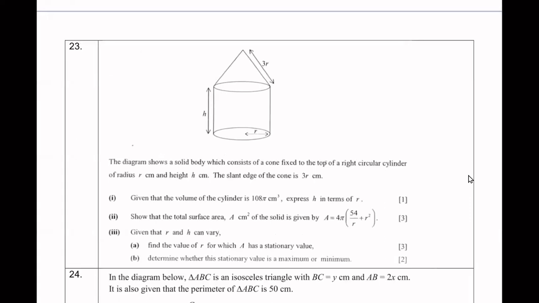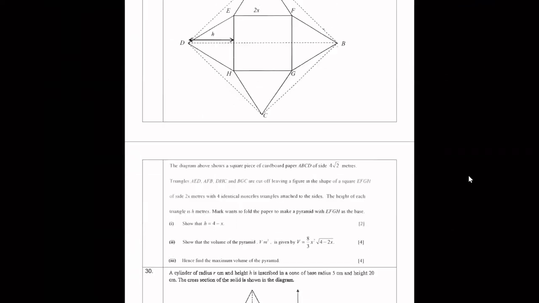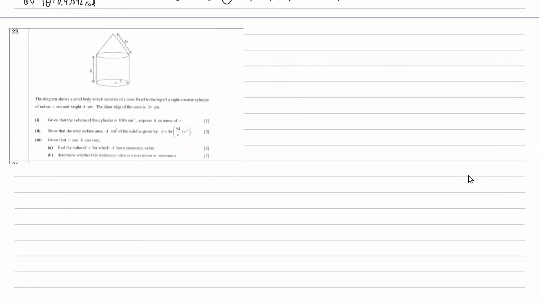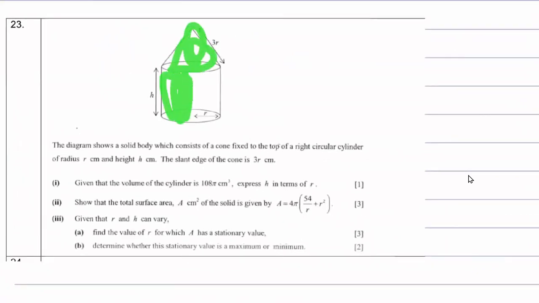23, yes. Standard question, but it's on surface area. Okay, let's try this question. So what we have is a cone on top and a cylinder below. The diagram below shows a solid body which consists of a cone fixed to the top of a right circular cylinder.